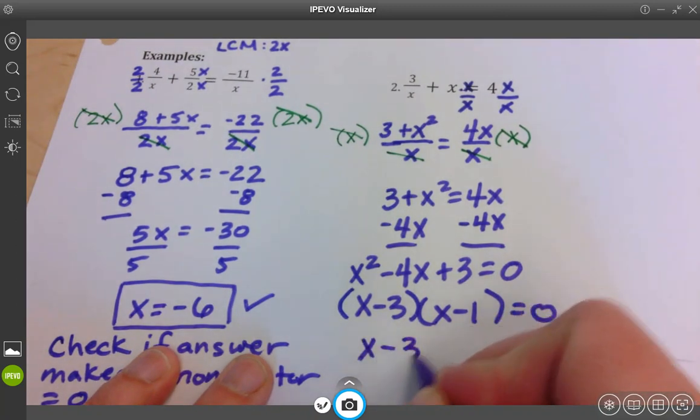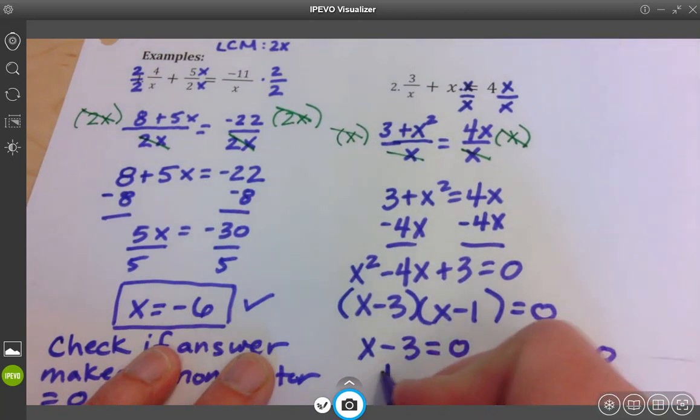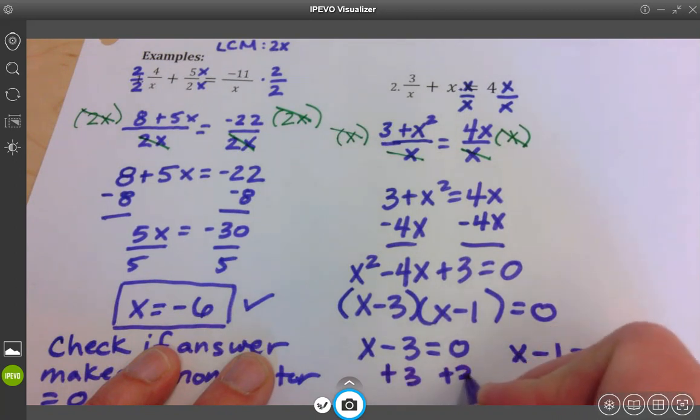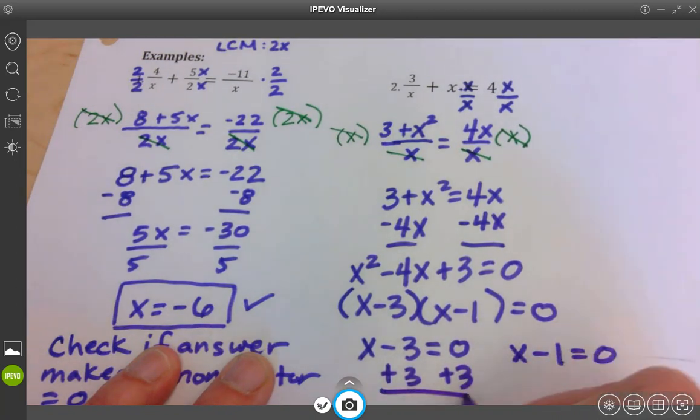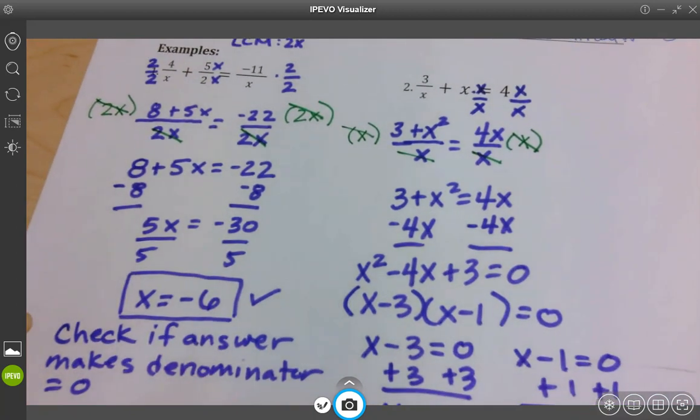Thank you. So some of you can jump to the solutions pretty quickly, and that's okay. But I like to show my steps. So to solve the first one, I add 3 to both sides. And then to solve the second one, I add 1 to both sides. All right, and then our last step is to check for extraneous solutions.